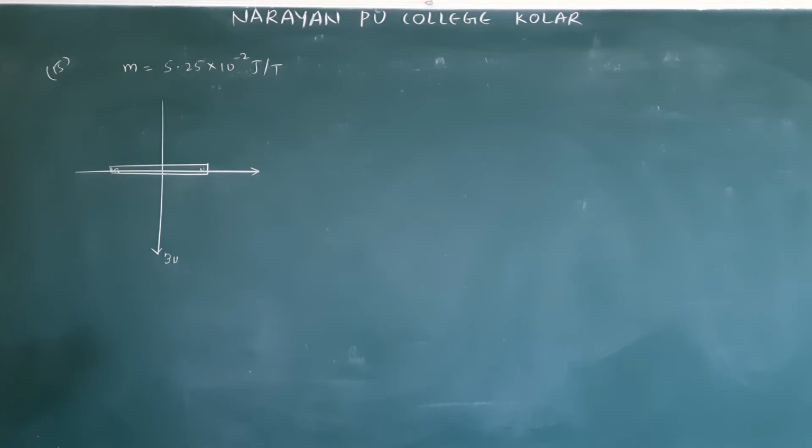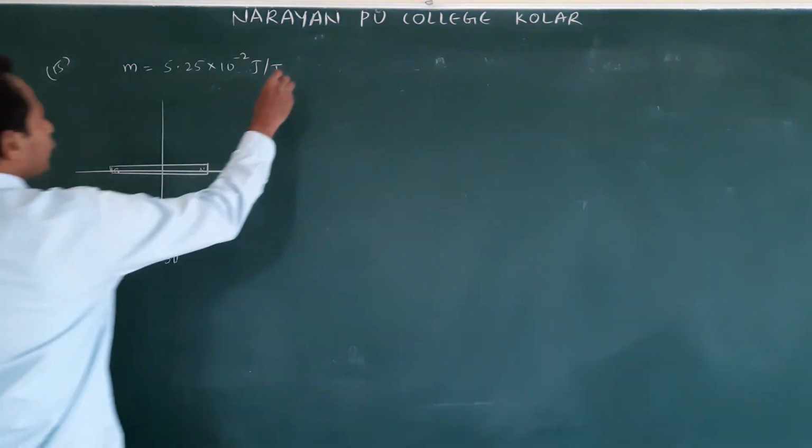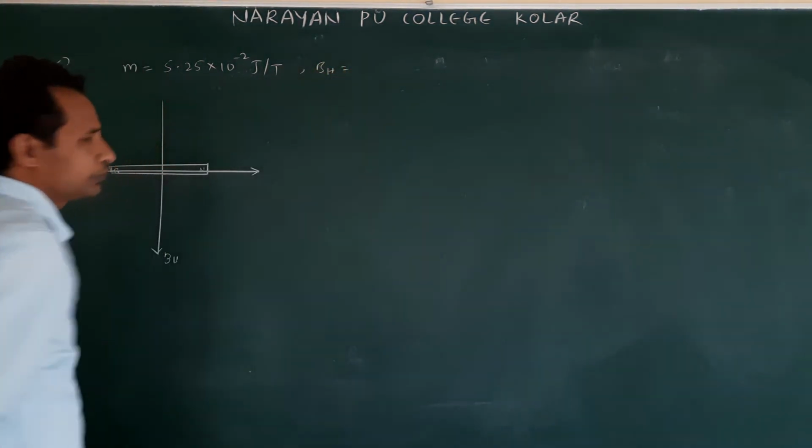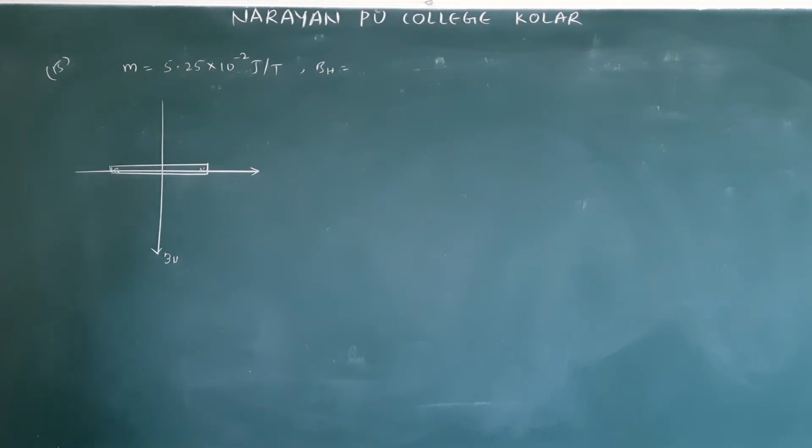The magnitude of the Earth's magnetic field in the given place is 0.42 G. They are asking at what distance from the center of the magnet the net magnetic field is inclined at 45 degrees, on the normal bisector and on the axis. Okay, now take the BH value. BH value is given. BH is equal to 0.42 gauss.